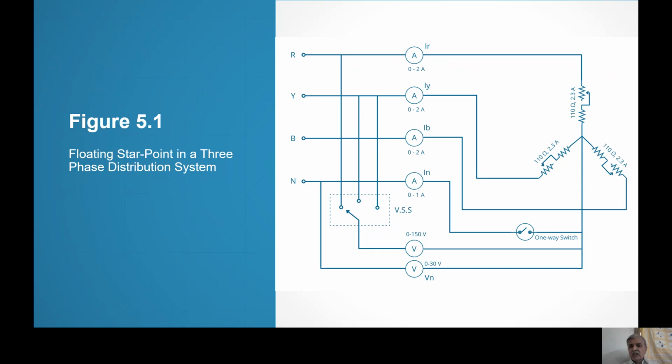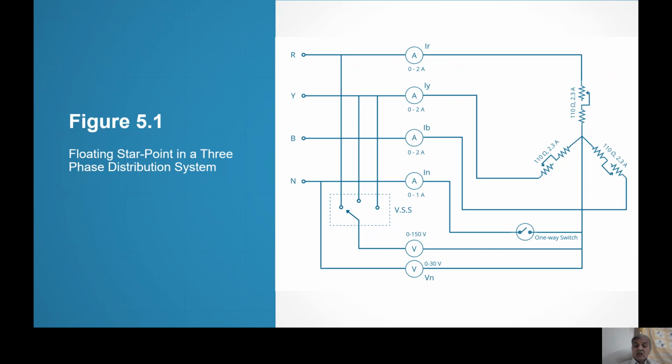The third case is load balanced, but neutral not connected: three-phase, three-wire system with balanced load, which is not reality. And lastly, what is really happening: load is unbalanced and neutral is not connected. Load imbalance is a reality, but neutral is always connected to avoid damage to the equipment.